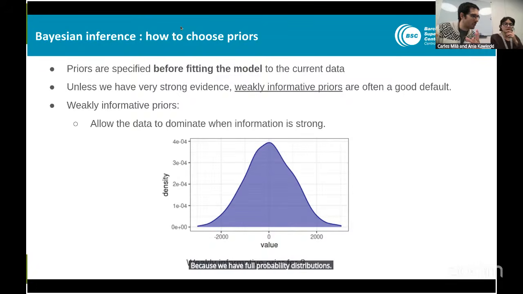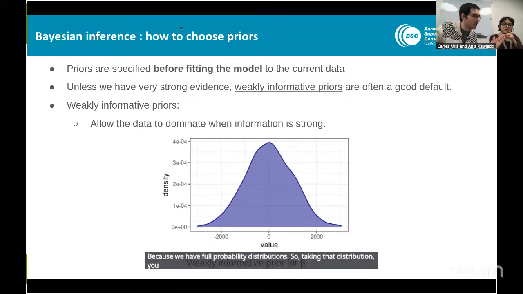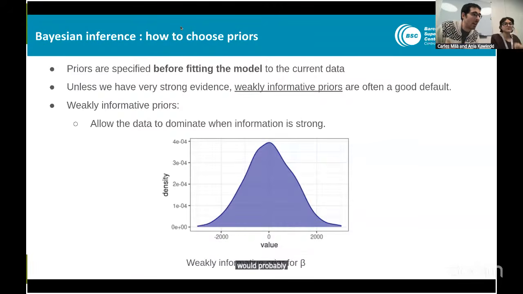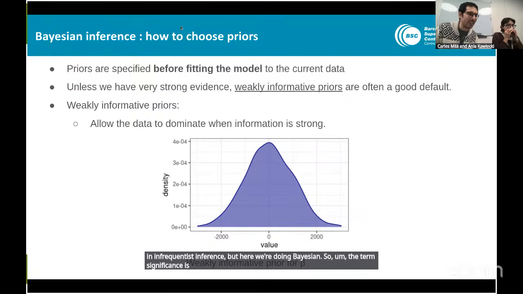So taking that distribution, you could compute an interval of the width you wish, for example 95%, and see if that contains zero. And that would probably be something similar to what you have in frequentist inference, but here we're doing Bayesian. So the term significance is a bit tricky, and we tend not to use it in this context.